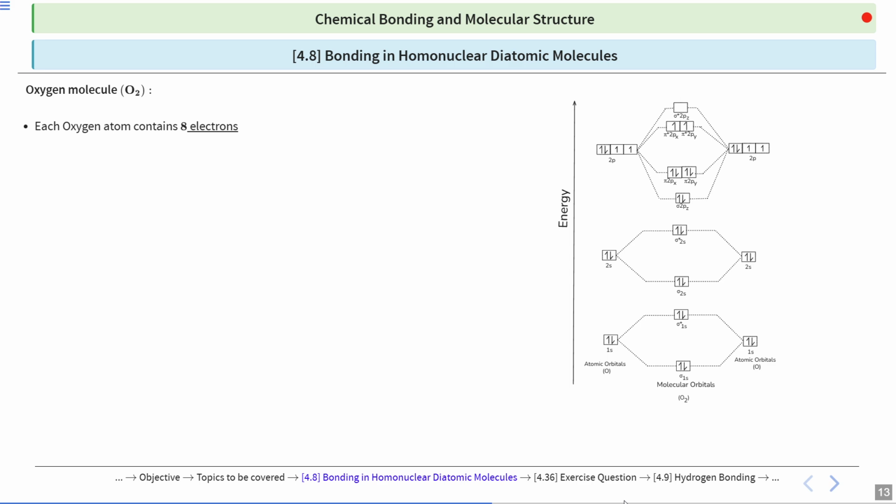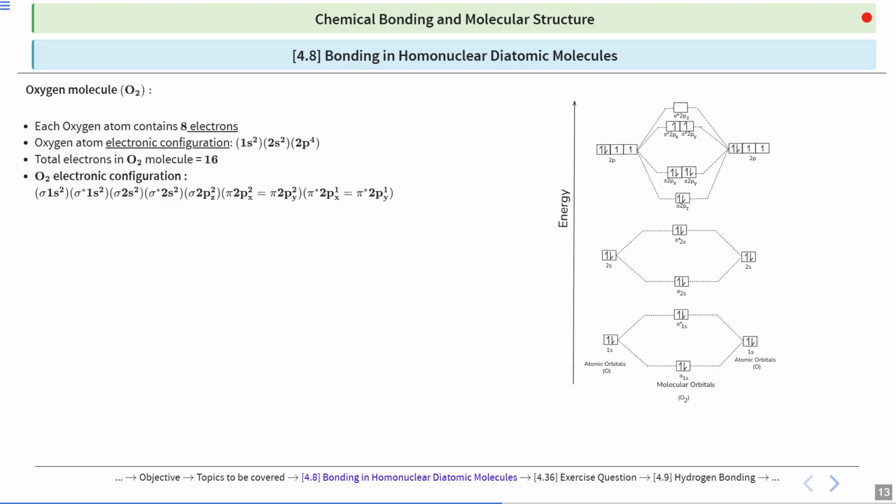Here, each of your oxygen atoms is having 8 electrons. You can count it. It is given here. 1s2, 2s2 and 2p6. Okay, 2p4, not 6, 2p4. So this will be the electronic configuration. There will be a total of 16 electrons for 2 oxygen atoms.